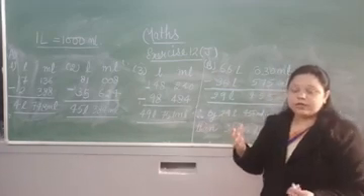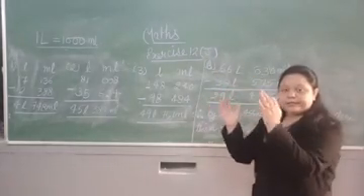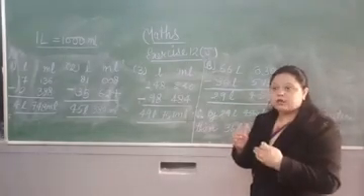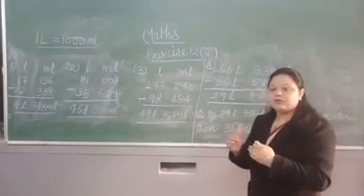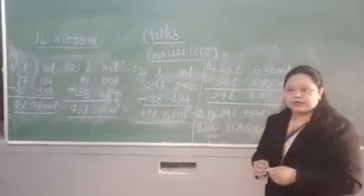When big quantity is given, small quantity is given, and it is asked how much is the difference, so whenever the word difference and how much is asked, then you have to do the subtraction.